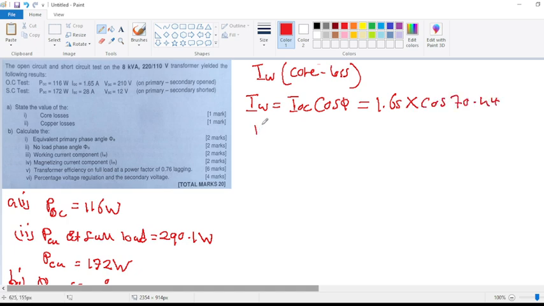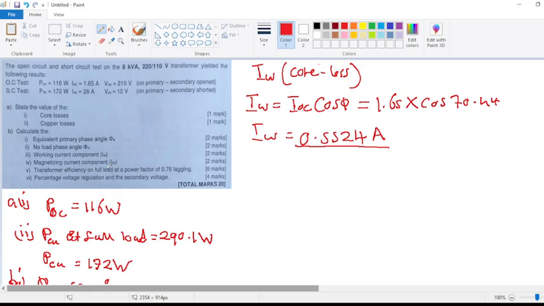If you multiply 1.65 by cos 70.44, we are going to have 0.552, so 0.5524. This is the working current component. So this is the answer for question B3.